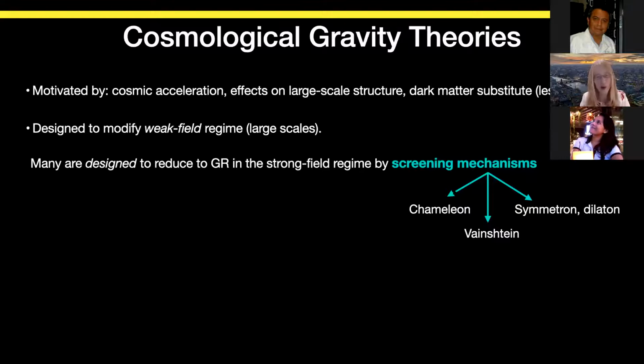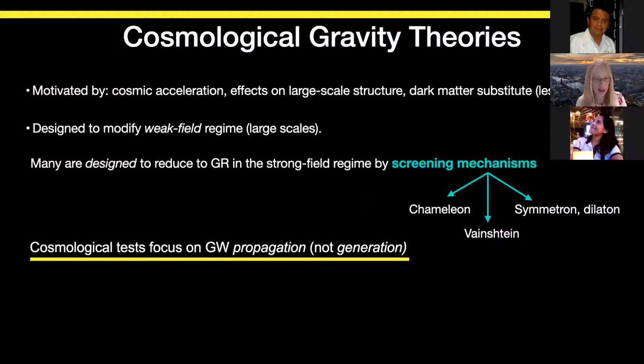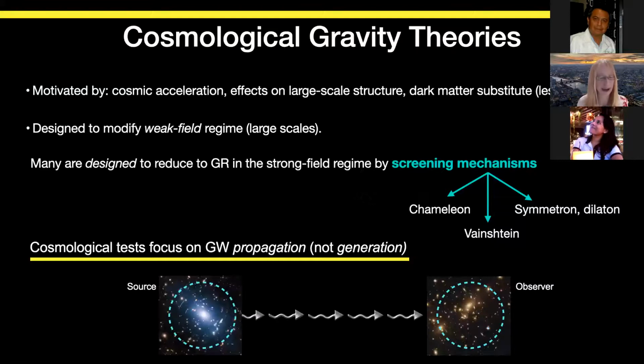The reason I'm carefully explaining my way around these different kinds of theories is because the theories that I will be talking about today and the tests I'm talking about focus on the propagation of gravitational waves, not the generation. So the picture you should have in your mind is that both the source and us, the observer, are sitting in galaxies, in nice dense environments where hypothetically a screening mechanism could be operating.